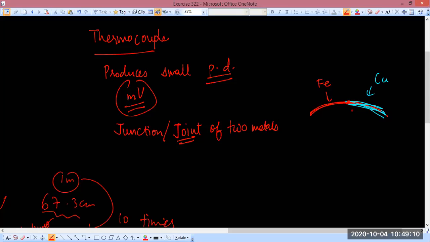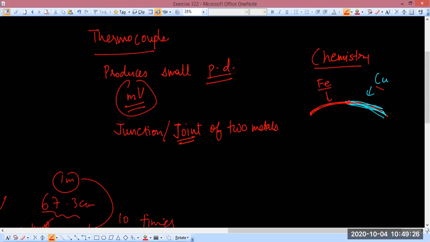So what happens is when you join them, because they have different tendencies, because I'm sure you all realize that chemically their chemistry is slightly different, although both are metals.